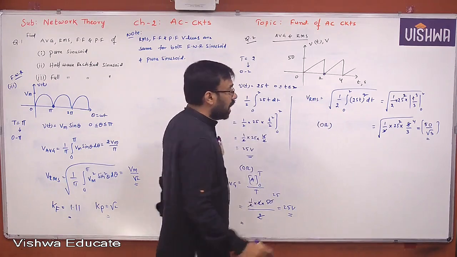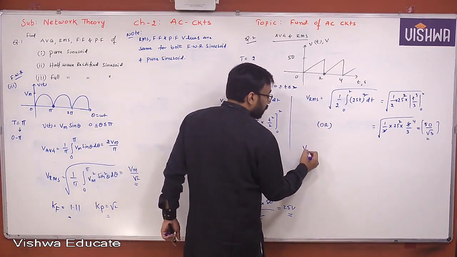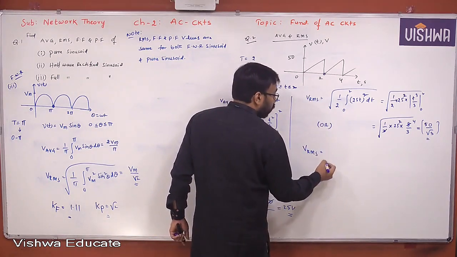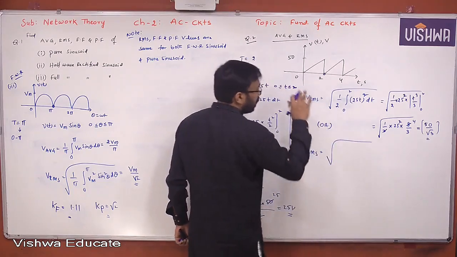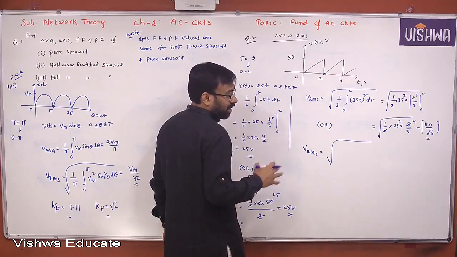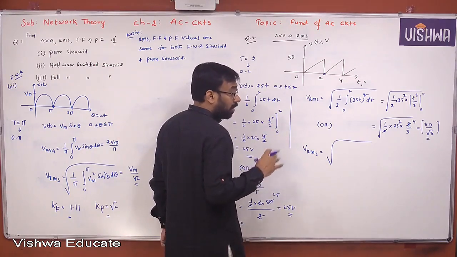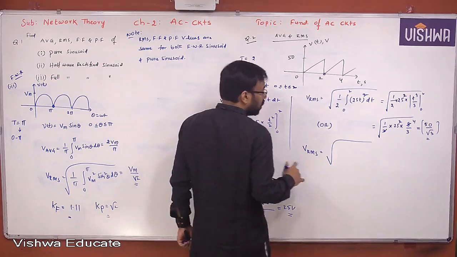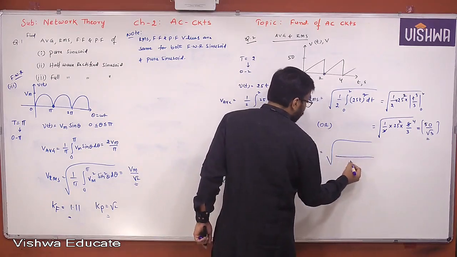Understand? Now let us look at this. VRMS can be calculated like this. You generally have step and ramp combinations. Always proceed like this. What is the procedure? Let us look at. First denominator. What is the time period? What is that value? 2.